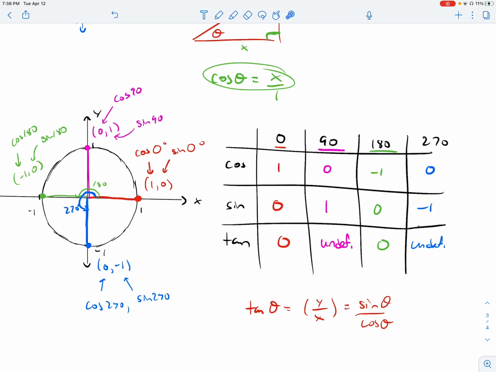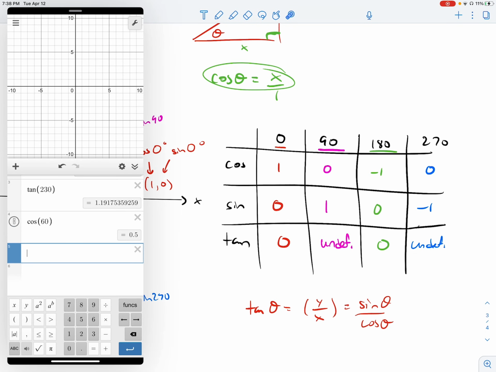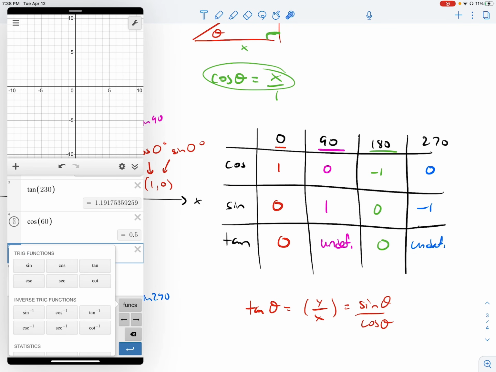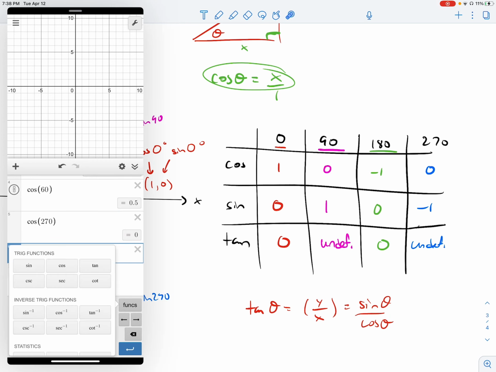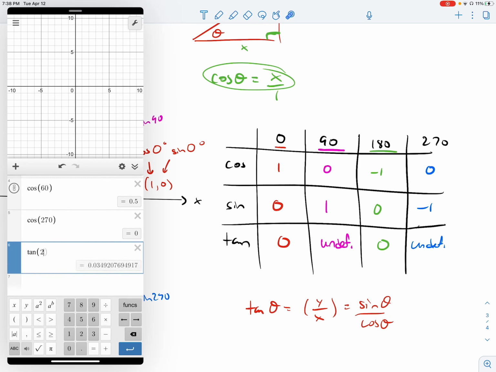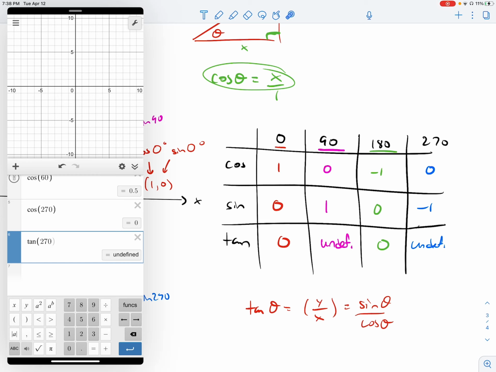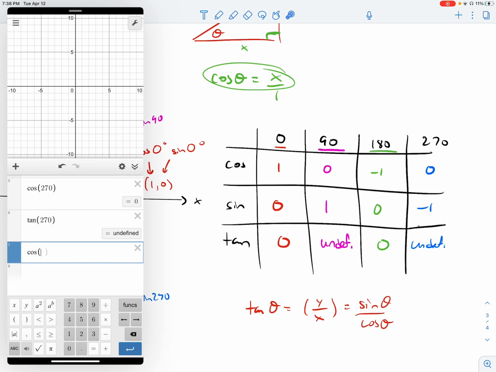Okay, let's check some of these at the calculator. Let's do cos of 270. 0, and that's right. Okay, let's try tan of 270. Undefined. Okay, we'll try one more. Cos of 90. We should get 0, and we do.